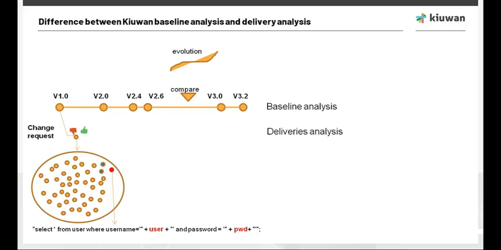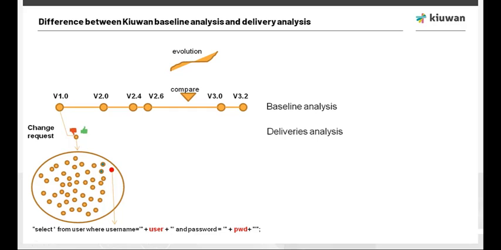But imagine that you are developing an application and you have changed 3 files, those one in blue and this one in red. And in the red one, you have introduced this sentence. This is a SQL statement. It is a query to the database. And you are using two parameters that come from the user.